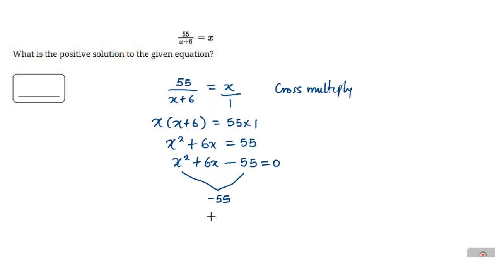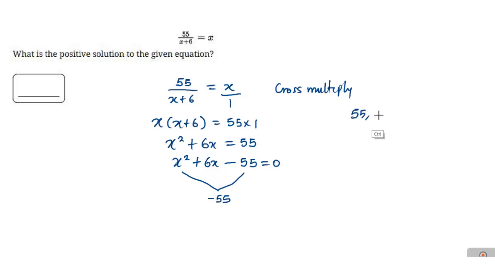So let's close our eyes to the negative. We are looking for two terms such that when we add the two terms together, it will give us plus 6, and when we multiply the two terms together, it will give us minus 55. The only way we can determine that is to use the factors of 55. So let's look at the factors of 55.